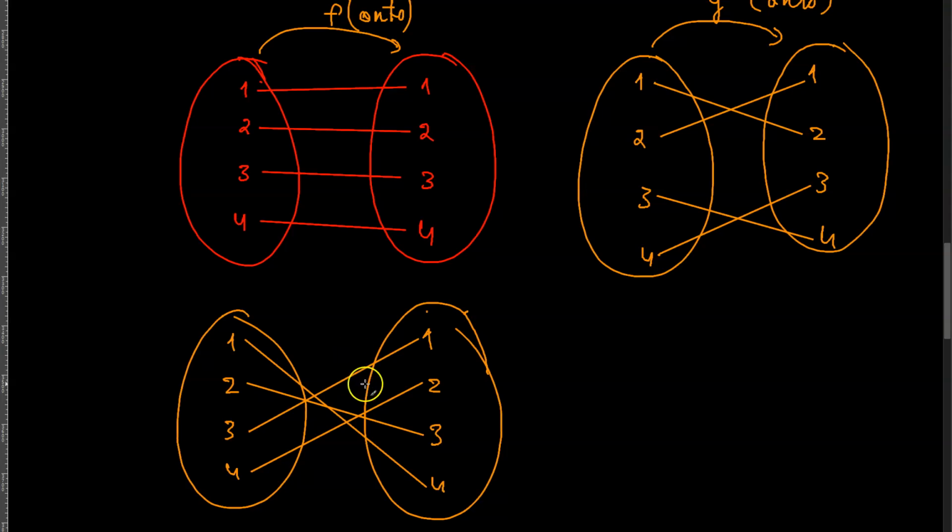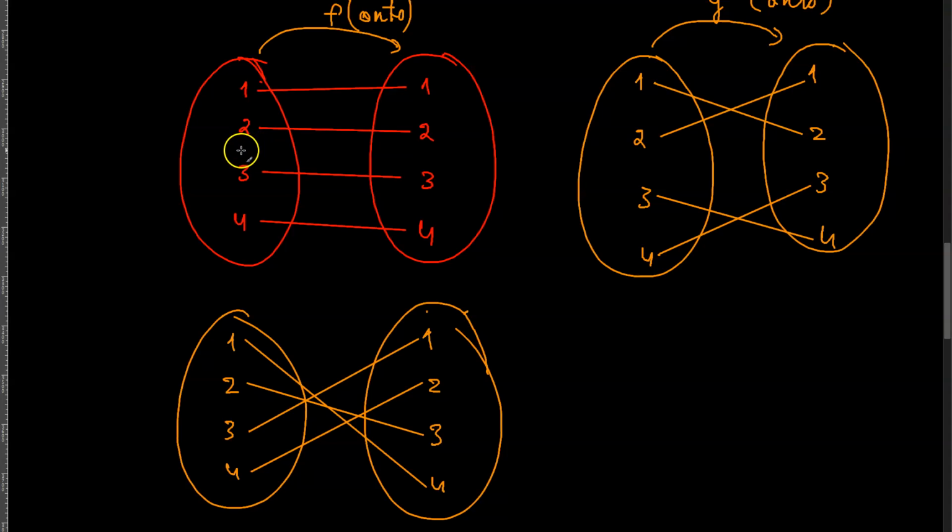So what that means is that I want to know in how many ways I can create an onto function going from a set to itself, any set to itself. If you go from a set to itself, you have the same number of elements in both sets, so you go from 4 elements to 4 elements. If your set has 5 elements, then you go from 5 elements to 5 elements.